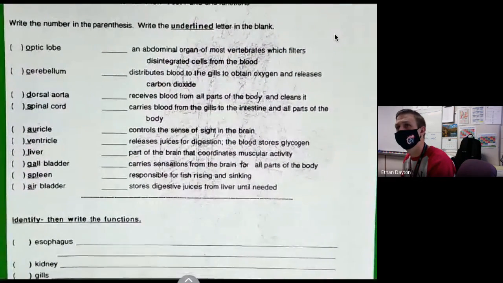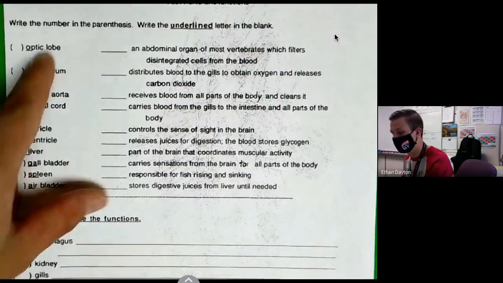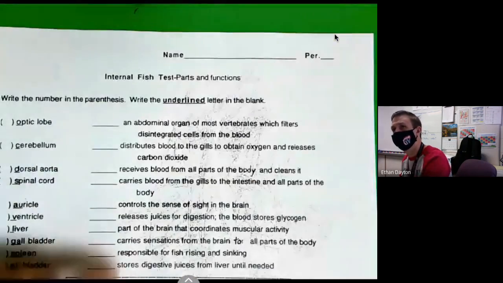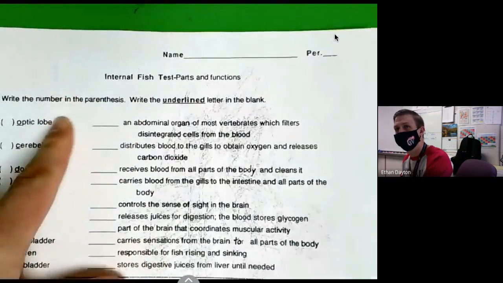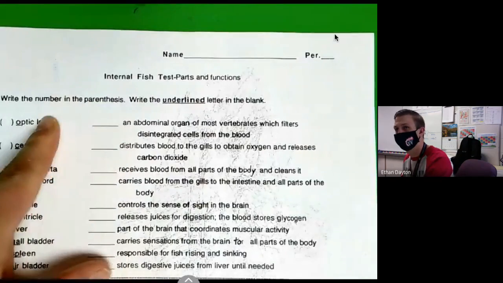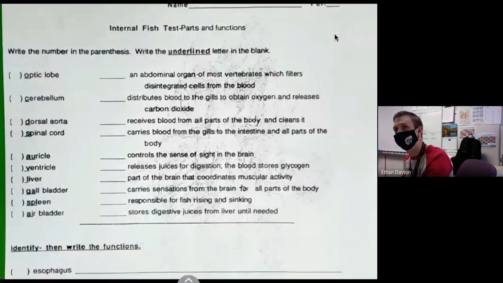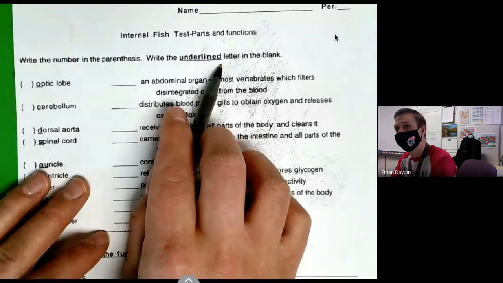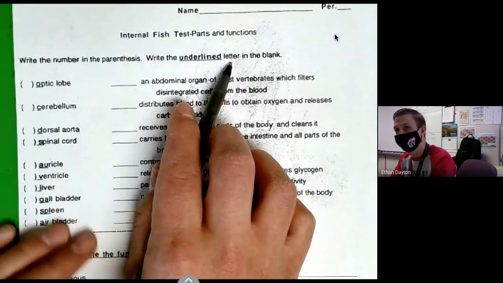Right in front of, let's just say optical, for example, it has parentheses. Is that where you put the letter? Yep. So we're going to read the directions and go over it. Write the number in the parentheses. Write the underlined letter or letters in the blank.